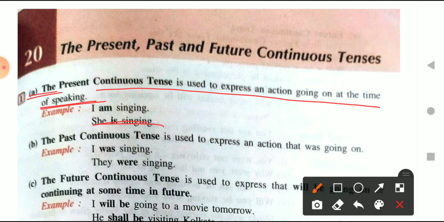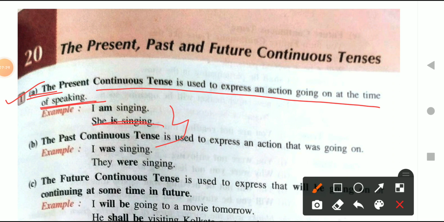So present continuous tense is basically used to express an action that is going on at the time of speaking, when the speaker is speaking the sentence, that action is continuously happening. Understood? Present continuous tense.